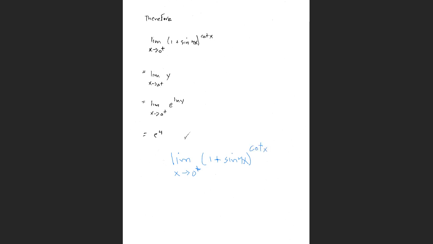It's an ugly expression, but I've seen them. I've had to find limits of these kind of expressions in my own math career. That's going to equal e to the 4th power. And that's what WebAssign would want, by the way. It's not going to take a decimal answer.